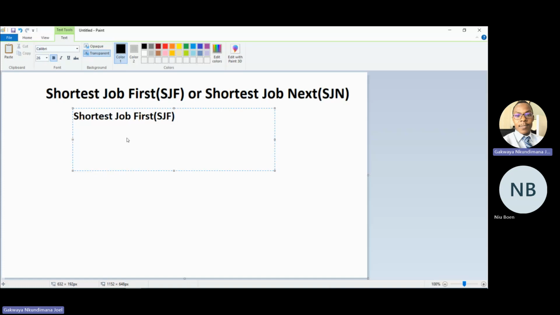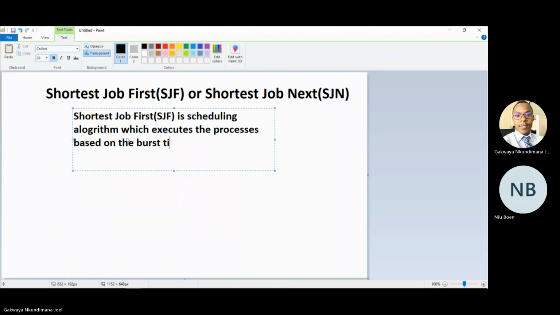This is known as a scheduling algorithm which executes the processes based on the burst time.